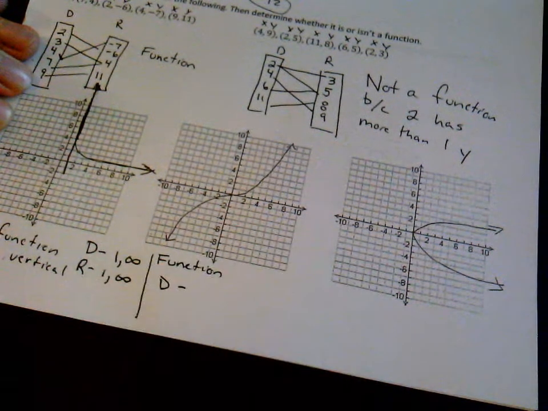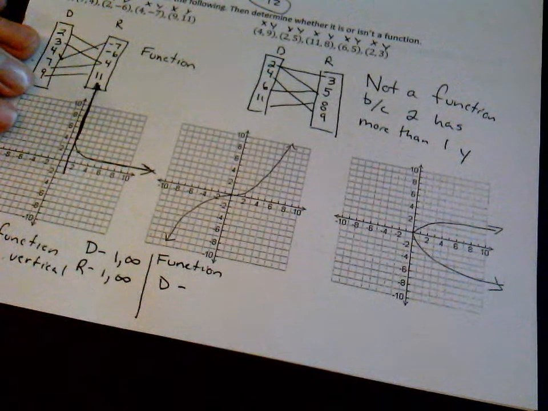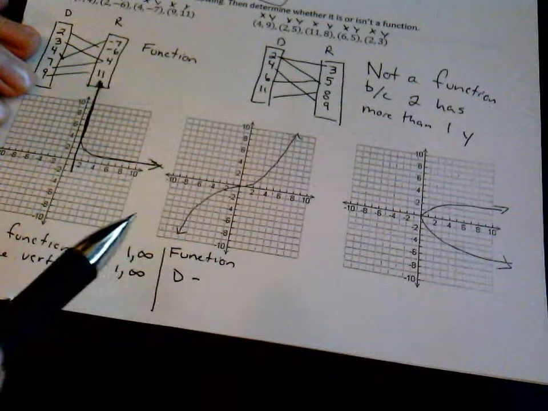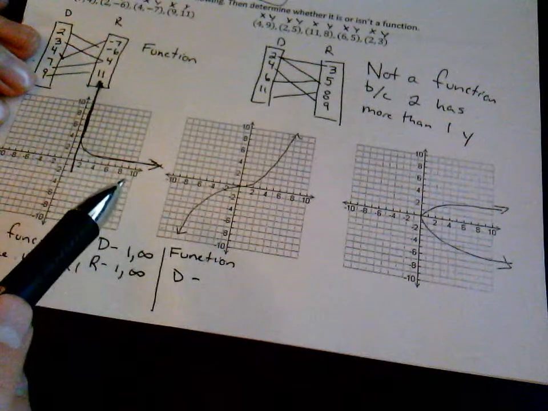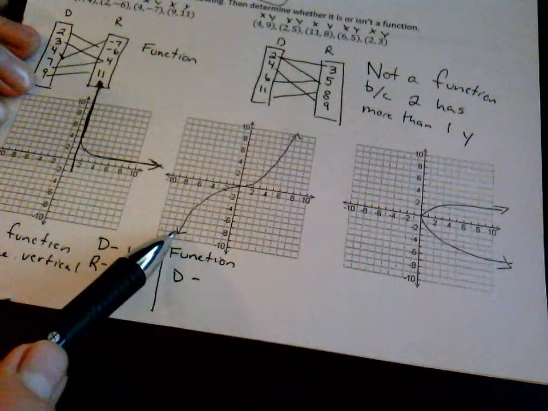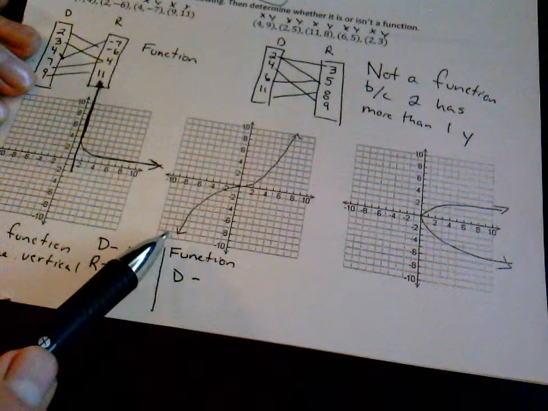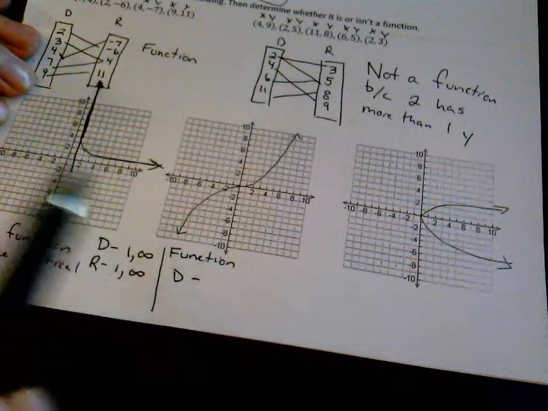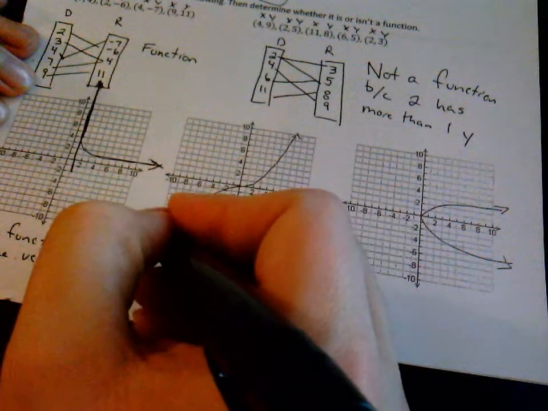The domain, okay, we're asking, does it go up forever? Does it go left forever? Does it go right forever? Right here, what you can notice is that this is going down and to the left. It's both going down and left at the same time. It's like if I drew an arrow pointing right here.